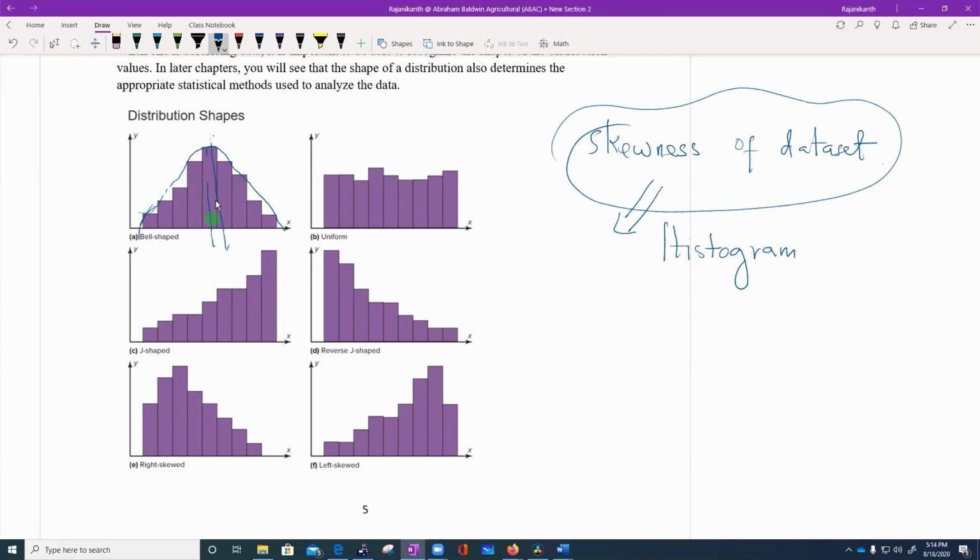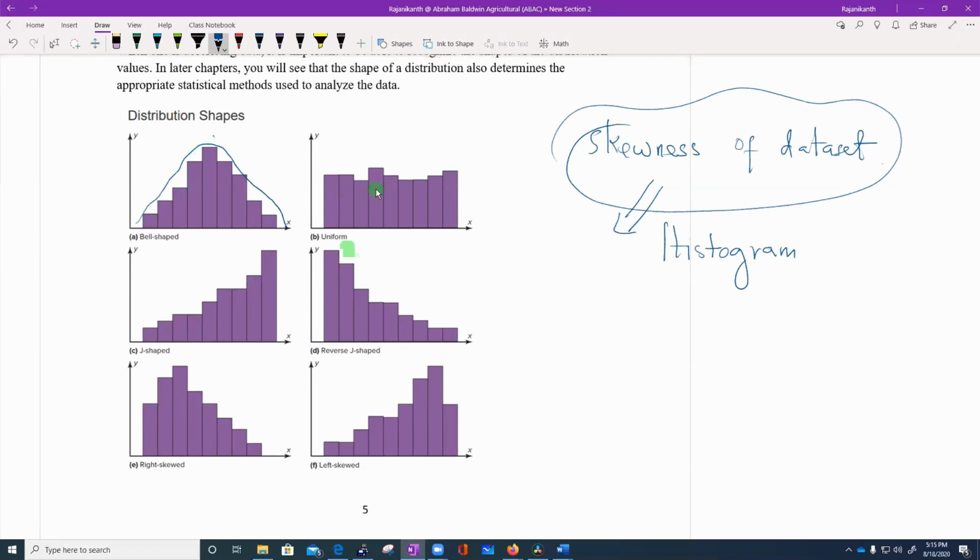So you could think of this curve as very symmetric about the middle line. This kind of curve is like a bell shape, so we call it a bell-shaped curve.